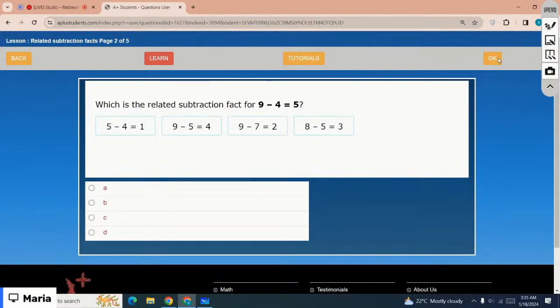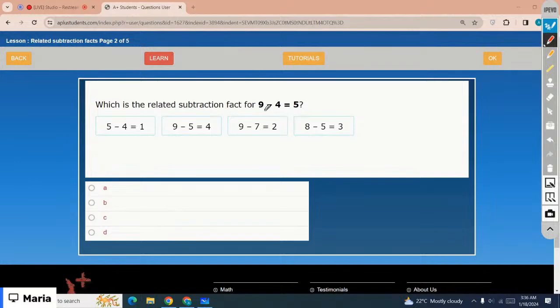Which is the related subtraction fact for 9 take away 4 equals 5? Which is the correct option? Related facts are the ones that involve exactly the same digits. So the sentence that has 9, 4 and 5 is the related sentence.